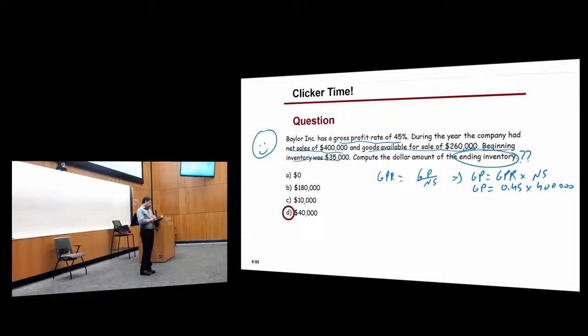Now, gross profit is equal to what? Not the number. It's net sales minus cost of goods sold. So the cost of goods sold will be equal to net sales minus gross profit, right?